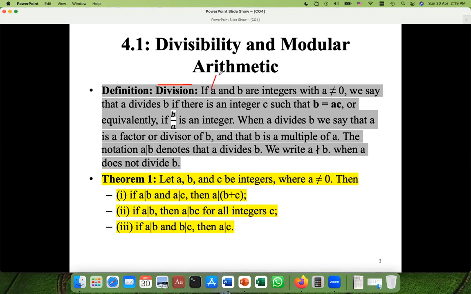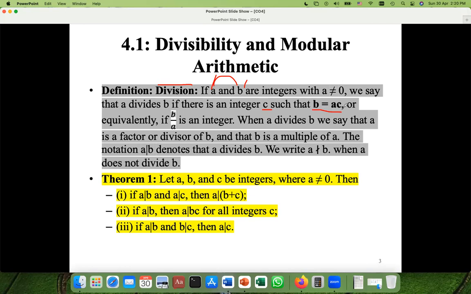If you have two integers a and b, and a is not equal to 0, meaning a is 1, 2, 3 or greater than 0, then we can say that a divides b, and you will get some quotient, an integer c.